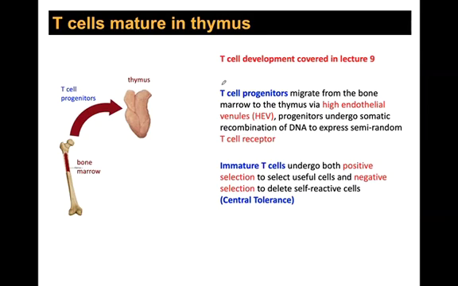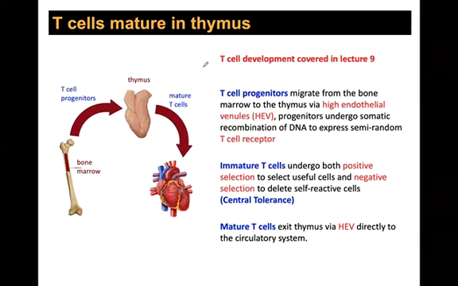First, you have to select everybody who actually can recognize an MHC protein, because you can imagine if it's a random DNA arrangement, many of them won't. So they don't pass that first step of being able to recognize an MHC with a peptide on it. The next step is to delete all of the cells that recognize MHC that have self-peptides on them. Okay, so there's a positive selection and a negative selection, whereas B cells only have a negative selection.